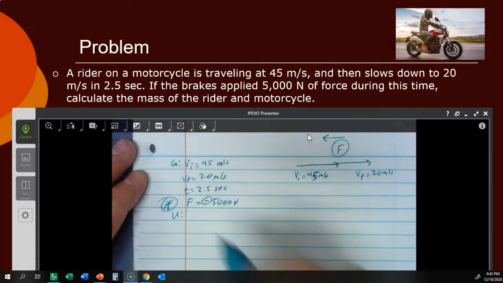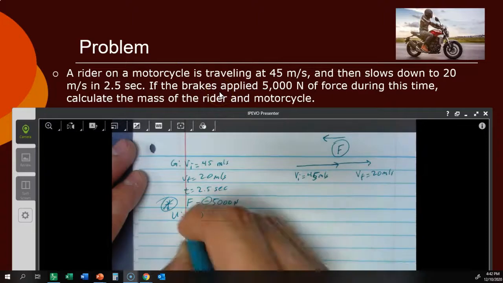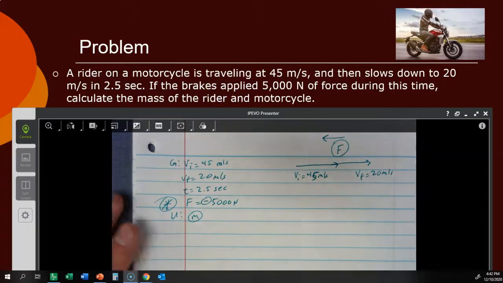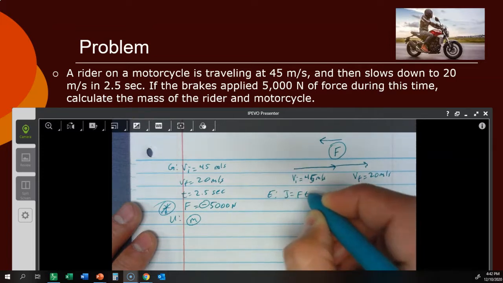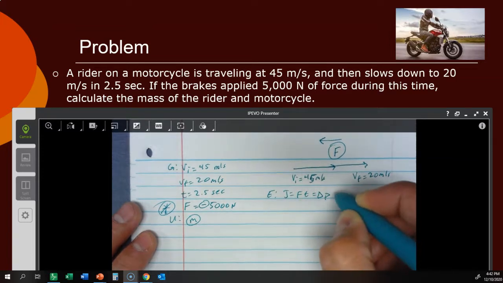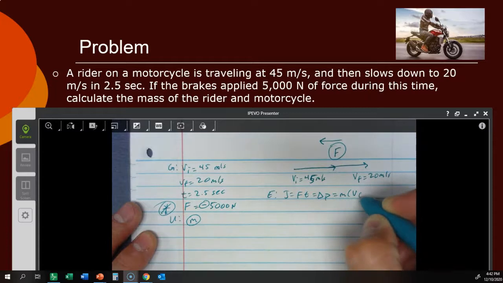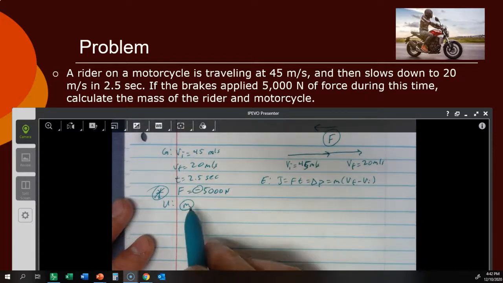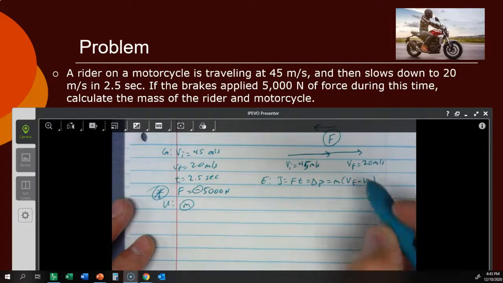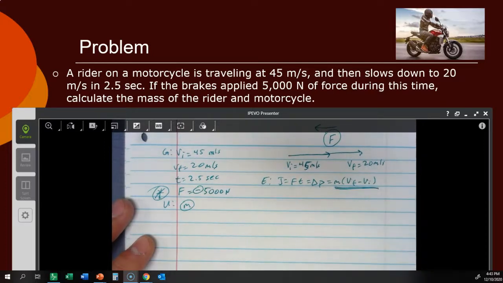What is the question asking us to find? Calculate the mass of the rider and the motorcycle together. So same sequence of steps. Let's look at the big long equation first in order to pick out the two parts that we need and then chunk the two parts that we don't need. The problem's asking for mass. That's within this, so we got to keep that whole part of the equation.